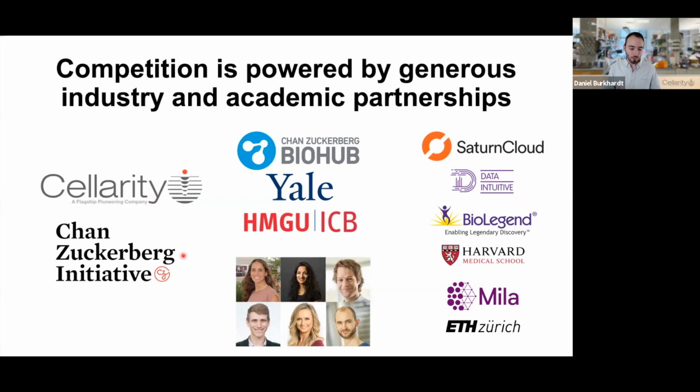I'm also incredibly appreciative of the Chan Zuckerberg Initiative, who is helping to pay for data generation across all of our academic partner sites, and also paying to support the computational infrastructure for the project. I'm very appreciative of our partners at BioHub, Yale, and Helmholtz, who are helping to generate data and also offering financial support in terms of reagents and labor.